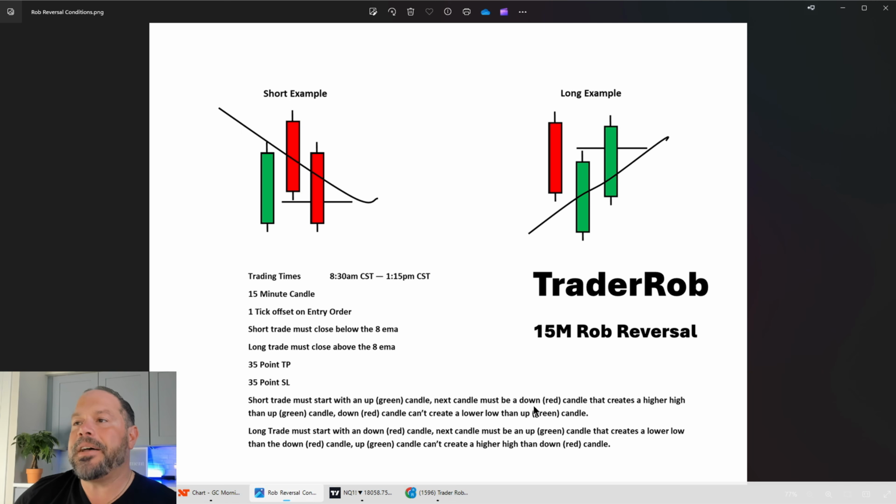Next candle must be a down candle. So it must be a red candle. Okay, that is a requirement. And that red candle needs to create a higher high than the previous up candle. So essentially what we're looking for is our green candle to go up, our next candle to go higher than this green candle.